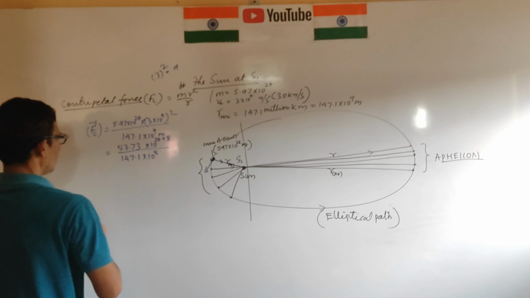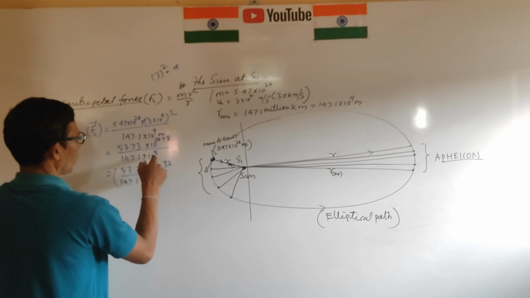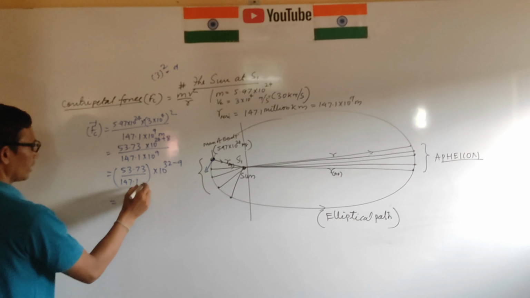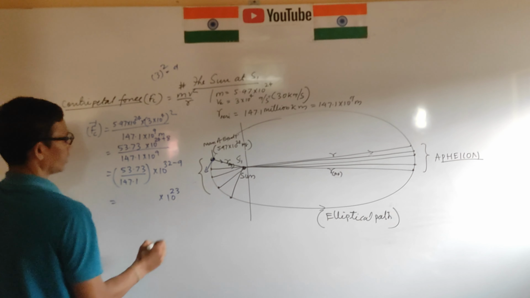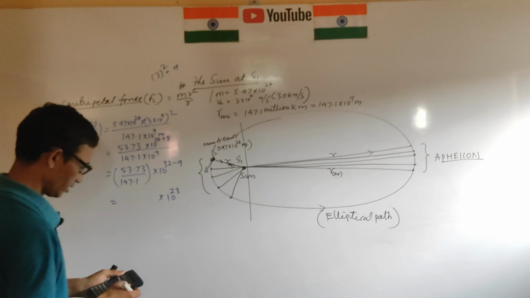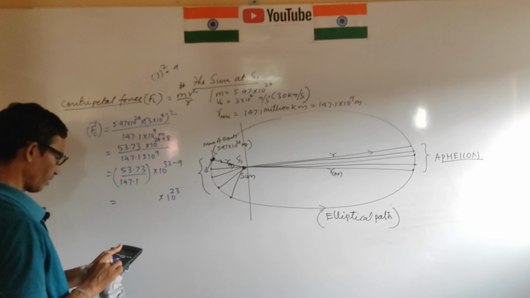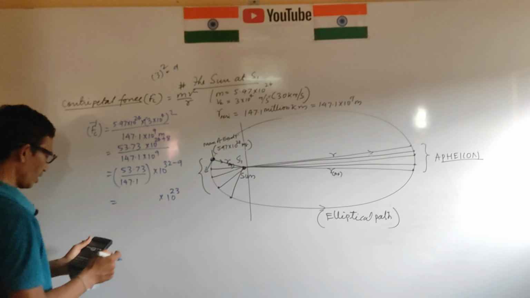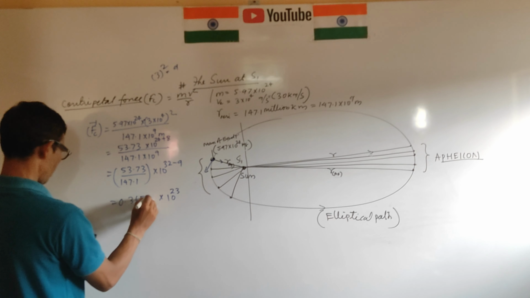We calculate this one: 53.73 by 147.1, and 10 to the power 32 minus 9, so 10 to the power 23. Here 53.73 divided by 147.1 is 0.36526.